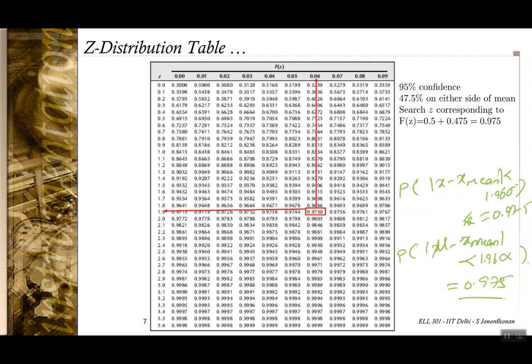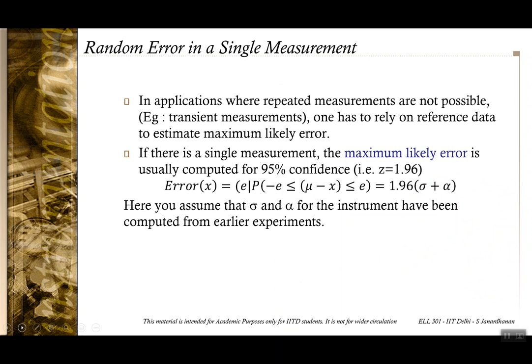So from these two equations, we can say that the probability of mu minus x being between these values would be 95%, and that error is 1.96 sigma plus 1.96 alpha.